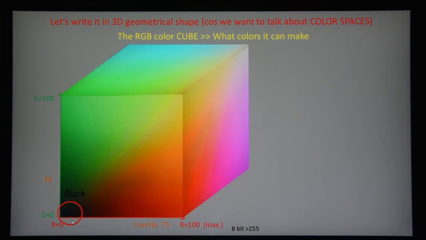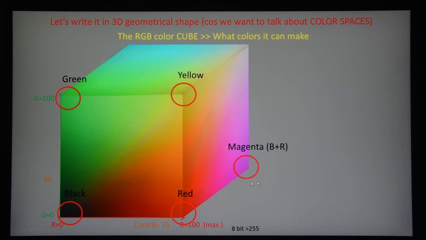So you get your blacks where red, green and blue are 0. You get your reds where the red is something, for example high, and the other two are 0. If red and blue are 0, you have your greens here. Yellow you have when red is equal to green, and also here you have dimmer yellows, up to dark yellows.